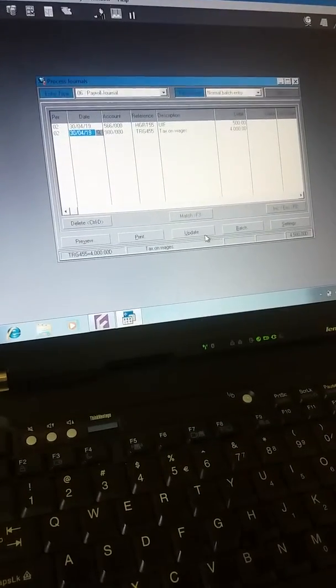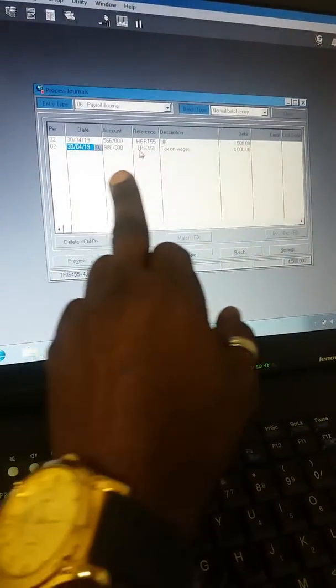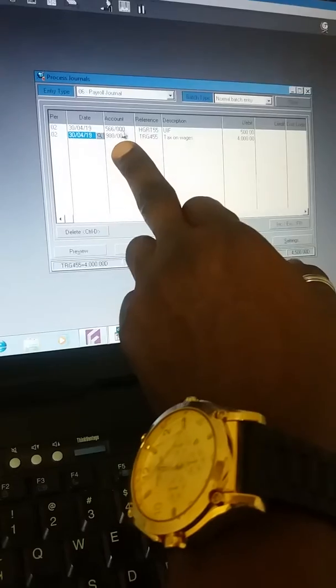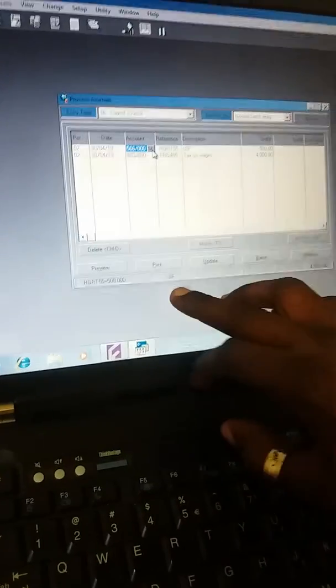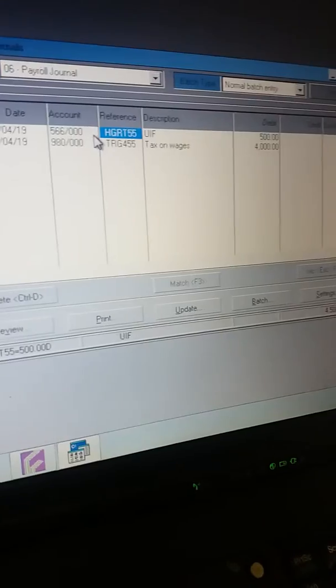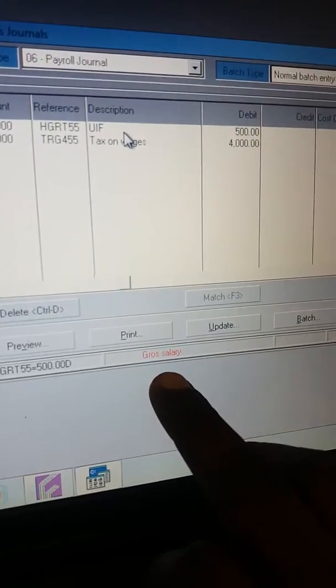We can update now. So the contra account, the gross salary which we put on the credit in the cash book and payment account, and here we have the account UIF. Can you see UIF is here? This is the contra from UIF. Then it's coming here, description UIF. The contra account is the gross salary now.